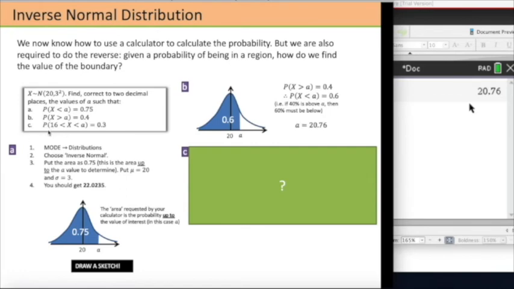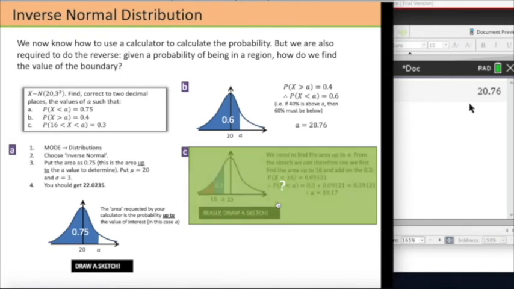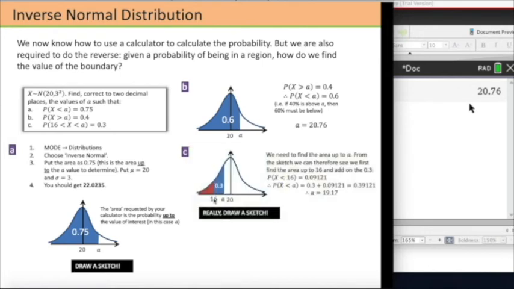Given the probability of 16 less than x less than a is equal to 0.3. Well, let's generate the sketch. So between 16 and a, the probability of the area is 0.3. Find this boundary here.